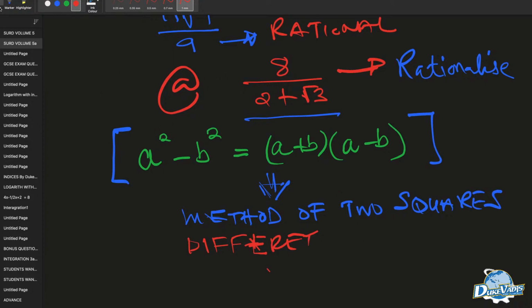Some people call it difference of two squares.